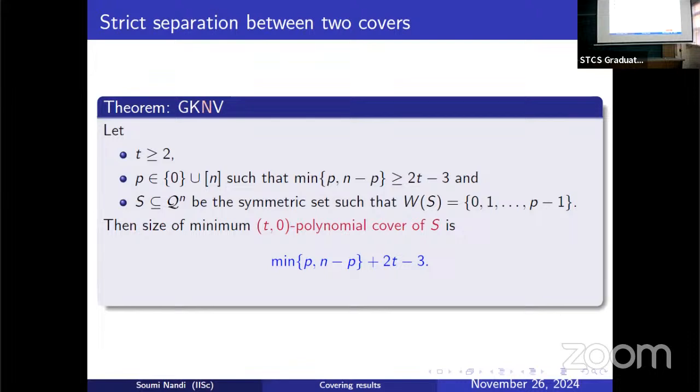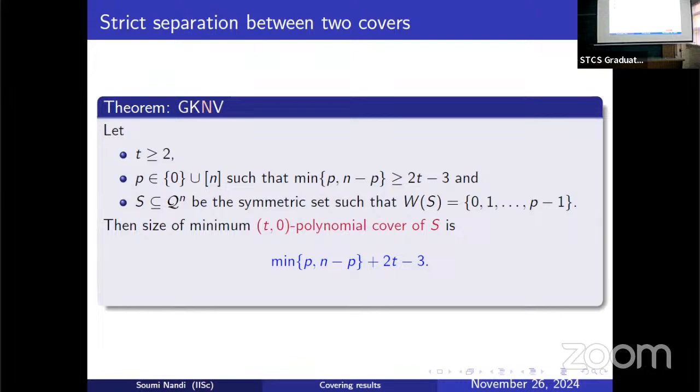So suppose T is any number greater than or equal to 2 and P is an integer between 0 and n, such that it satisfies this condition. That means the minimum of P and n minus P is sufficiently large compared to T. And S is any symmetric set that consists of all the points in the first layers, so weights are from 0 to P minus 1.